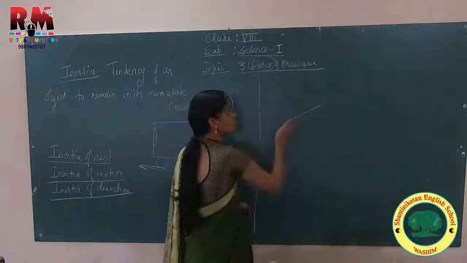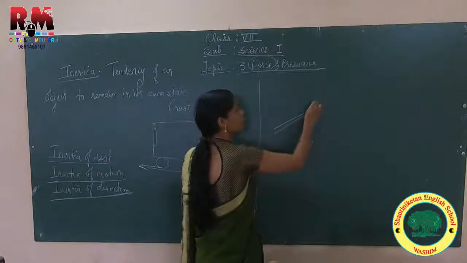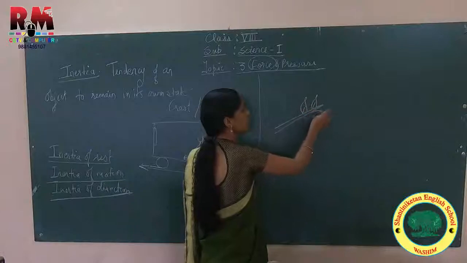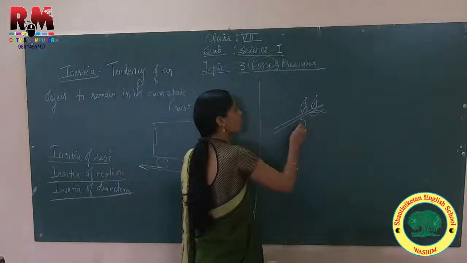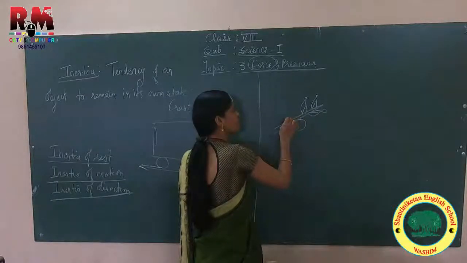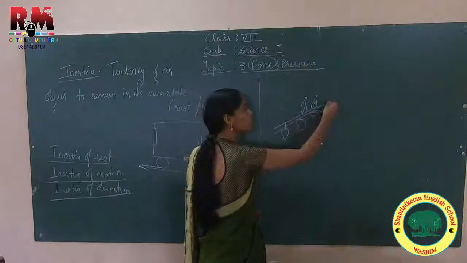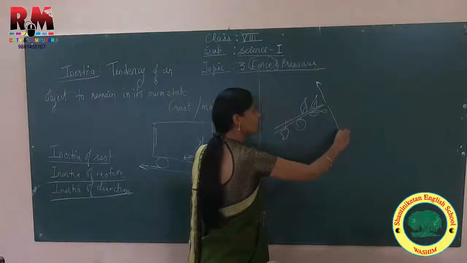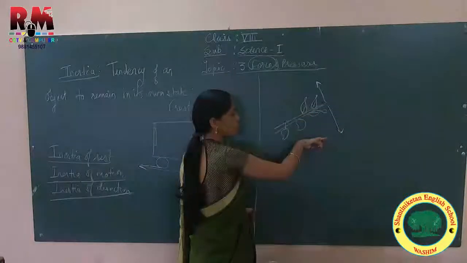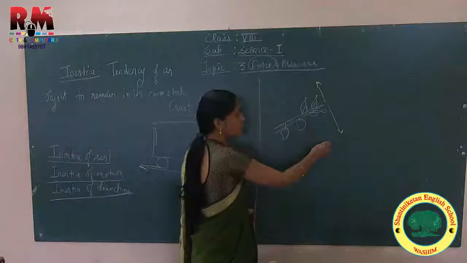Suppose this is one branch, okay, and here we have leaves, and suppose a mango. We have a mango here. Now, when you are moving this branch in this direction and in this direction, where must the fruit fall?